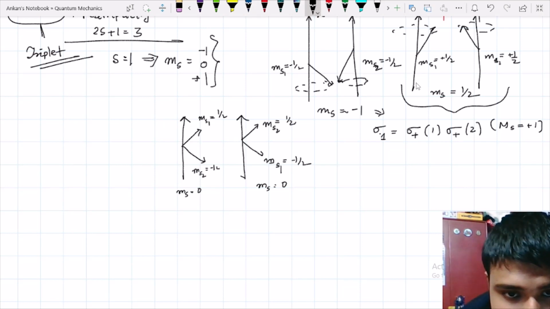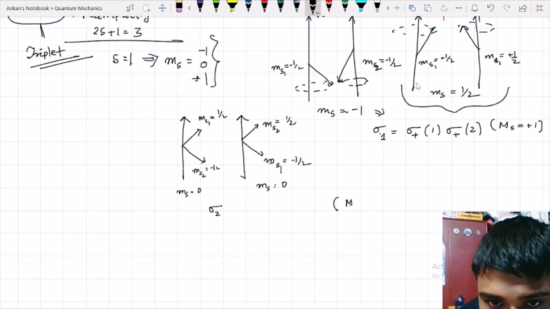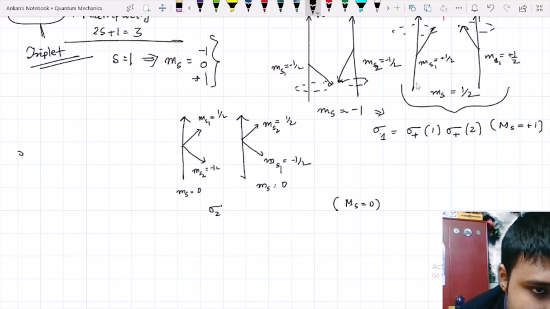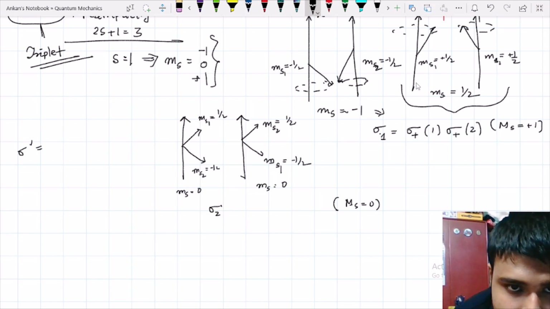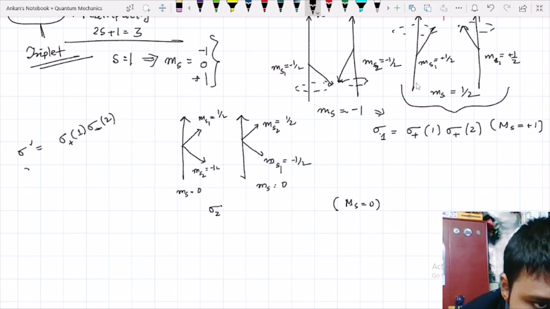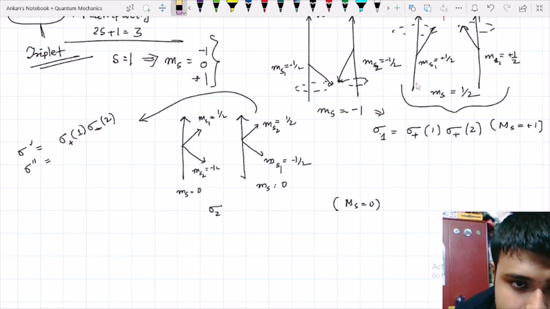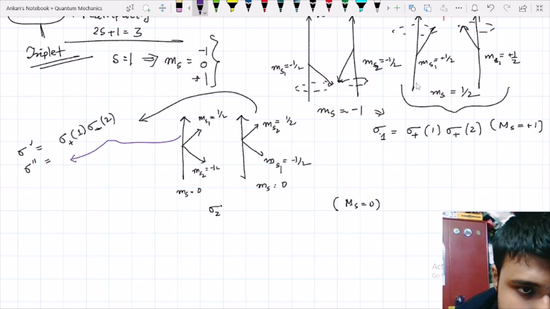And for the second case, that is for ms equal to 0, let us suppose sigma prime be considered here, that is sigma 1 in up spin, so sigma plus 1, sigma minus 2, and let us suppose sigma 2 from this.